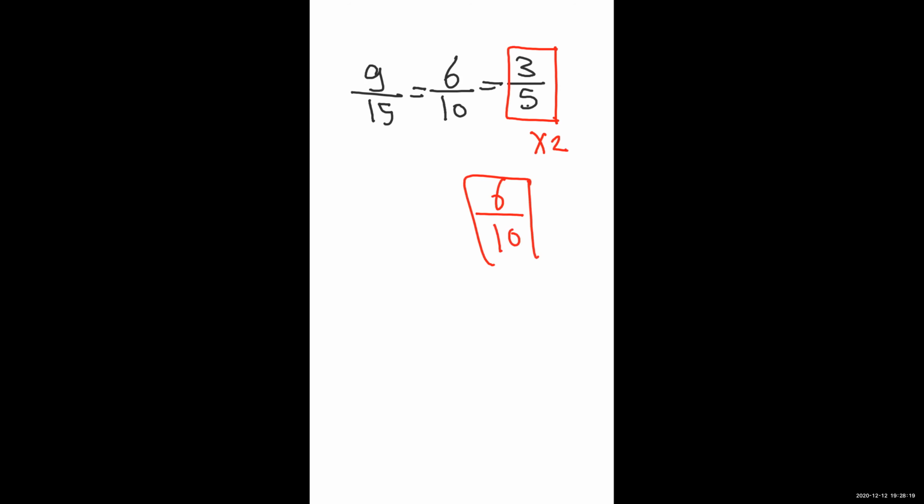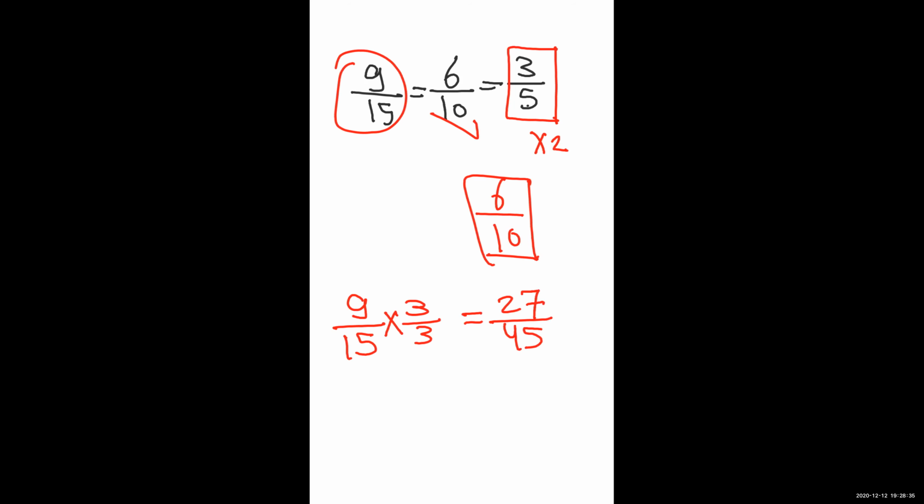Check now, 6 over 10, it's one from the given ratios. If I multiply 9 over 15, for example, times 3, it will equal 27 over 45. Now, if I simplify this by dividing, for example, by 9, it becomes 3, and 45 over 9 means 5, so it becomes 3 over 5.